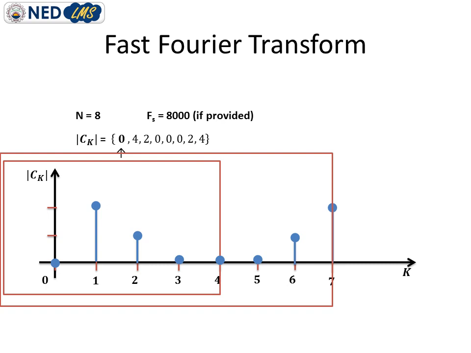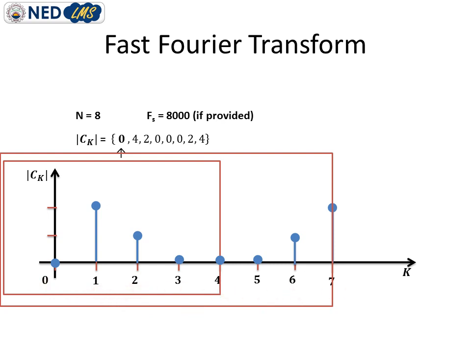Once we know the frequency resolution, we can multiply it with k to get the actual frequency on the x-axis. So this is 0 hertz, this is 1 kilohertz, this is 2 kilohertz, this is 3 kilohertz, 4 and so on.